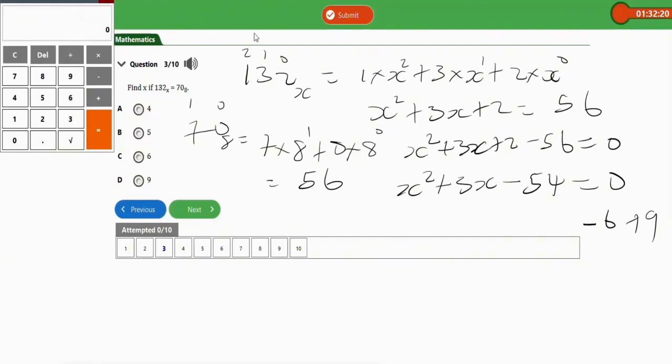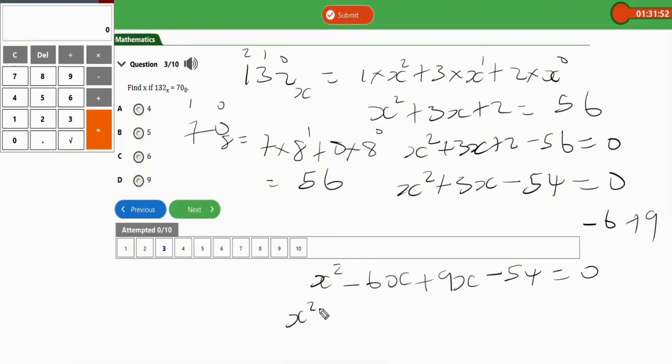Remember, we're looking for the value of x. So at this juncture, what we are going to do now is to keep simplifying. Now that you have gotten the two factors, it's going to be x squared minus 6x plus 9x minus 54 equals 0. Right, so you are going to split it now.